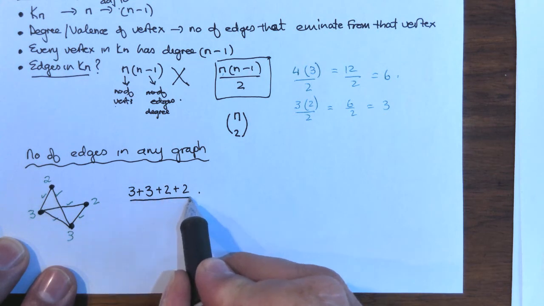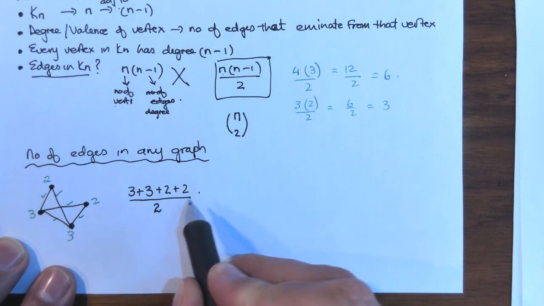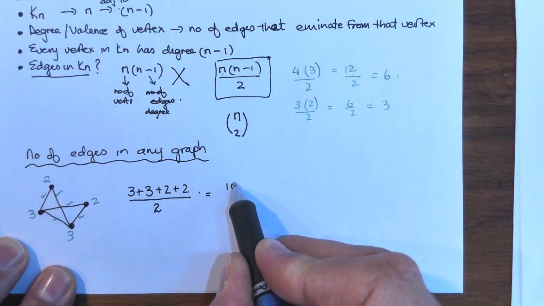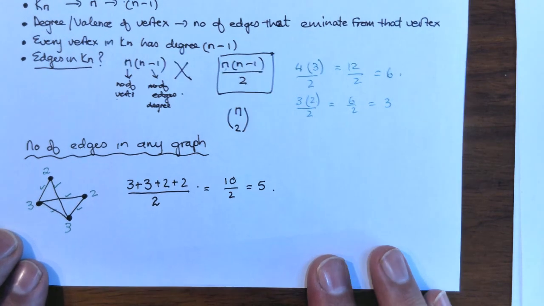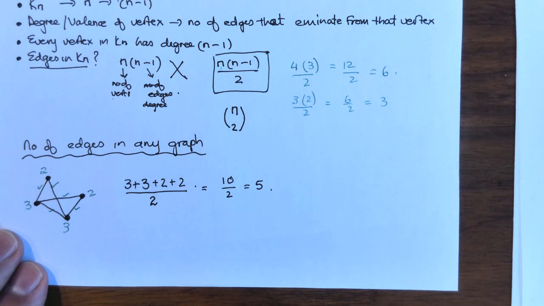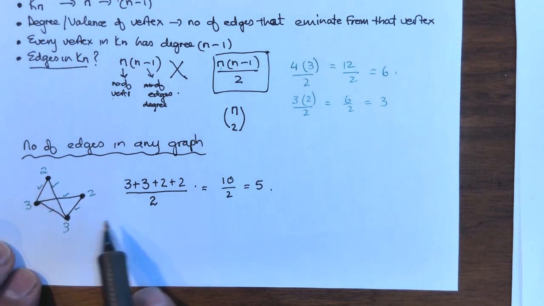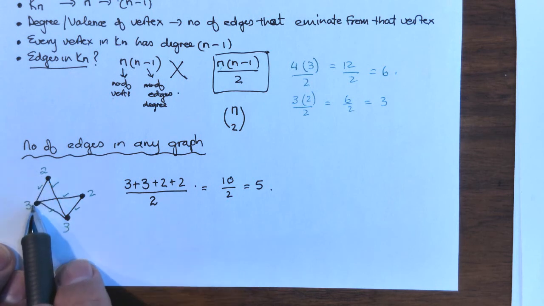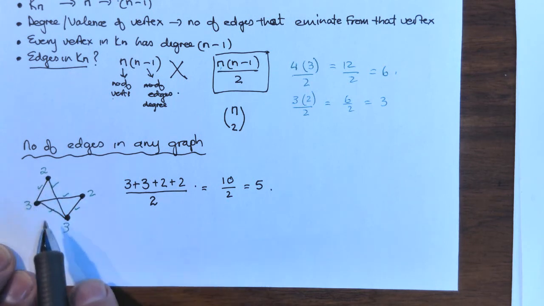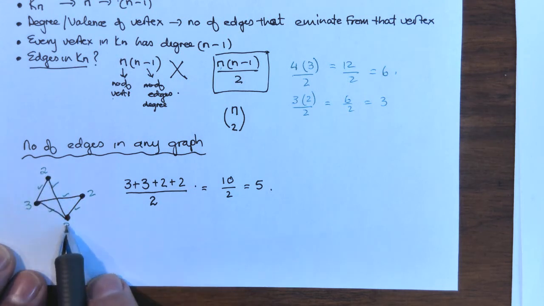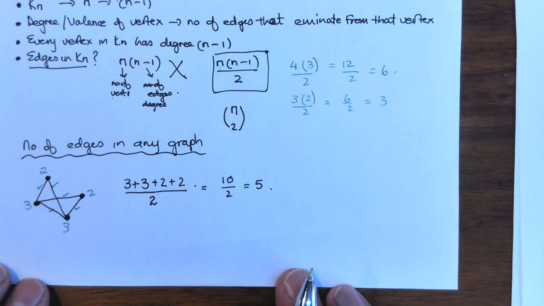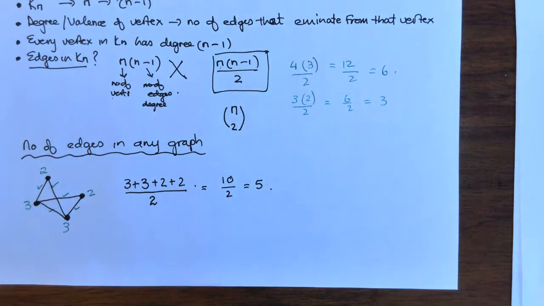So if we add that and divide it by 2, this is 10 divided by 2, we get 5 edges. That is the number of edges for the 4 vertices with the particular degrees as indicated. So we just take the degrees of each vertex, we add them, and we halve it.